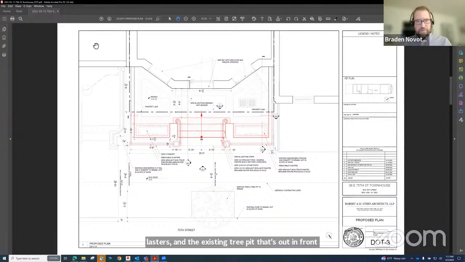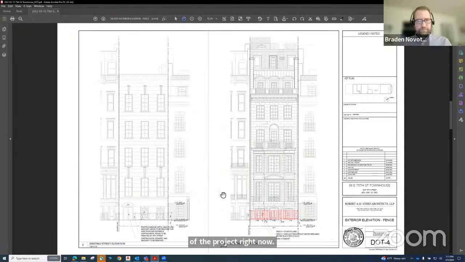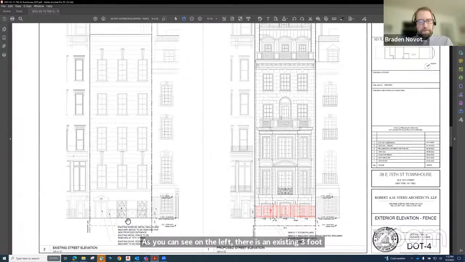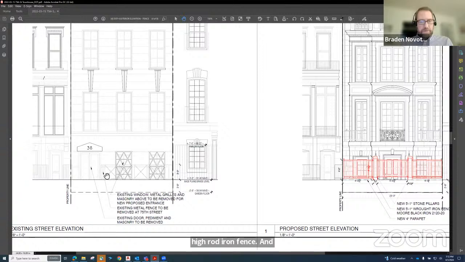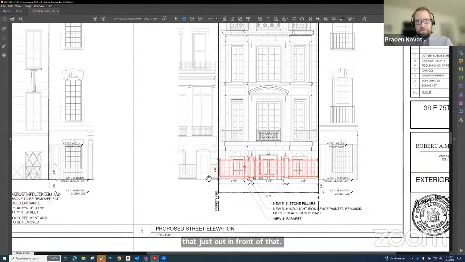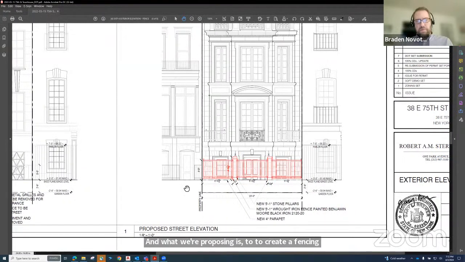If you go next, we have some elevations. So this is a depiction. On the left is the existing conditions, and on the right is the proposed. As you can see on the left, there is an existing 3-foot-high wrought iron fence, and there is also a large bin that exists out in front of that fence. What we're proposing is to create a fencing structure that's more in alignment with the proposed facade, which is a traditional Beaux-Arts neoclassical facade.